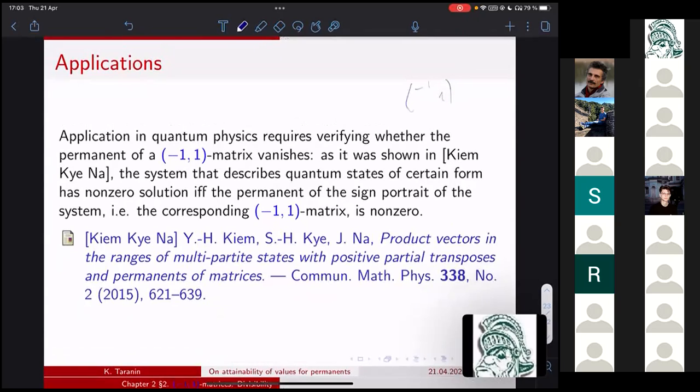It was shown in the paper by Kimke and Na that if this matrix has a zero permanent, also called a vanishing permanent in the literature, then the system has no non-zero solution, and thus the state is entangled. It's not separable.